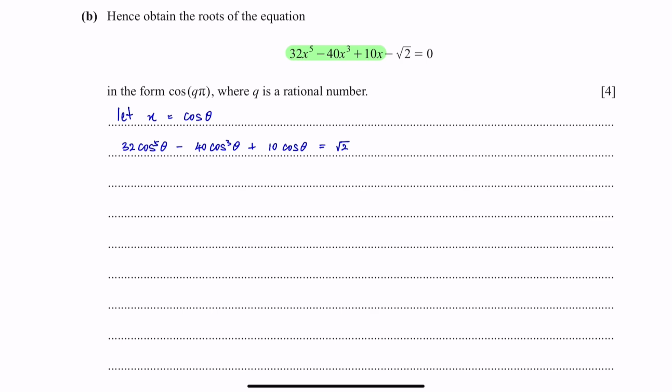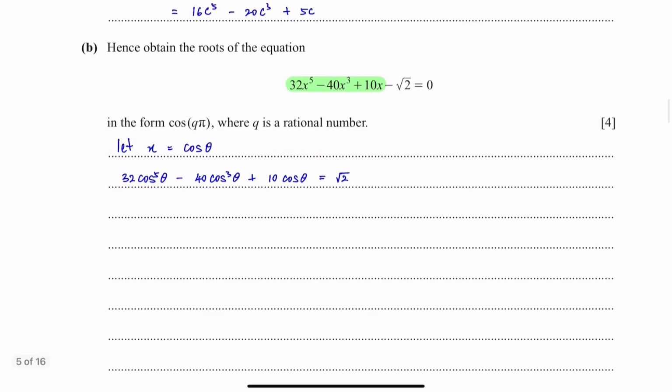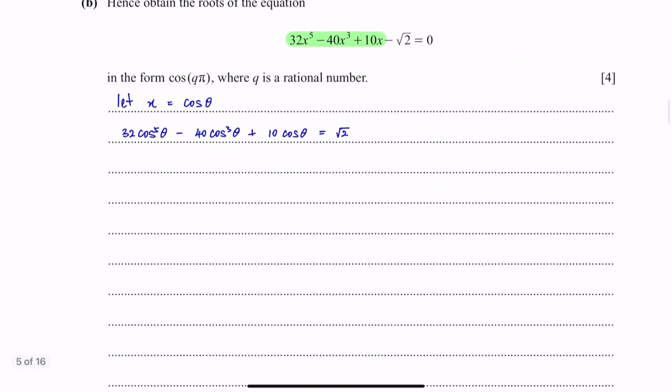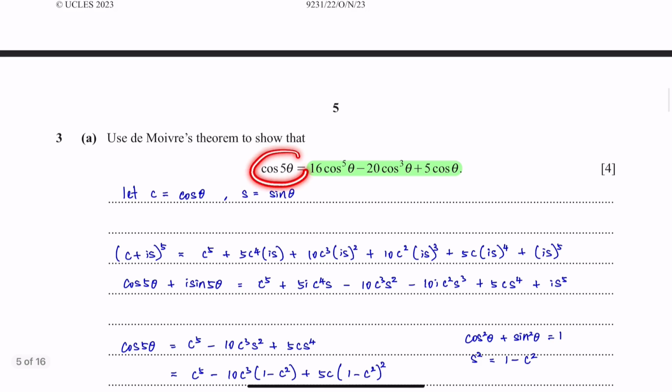And now we can see that this part is actually just 2 times of this. So now we can write this thing as 2 cos 5 theta, which I got from here.